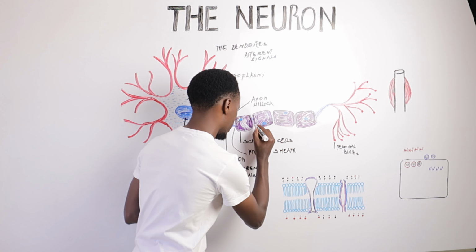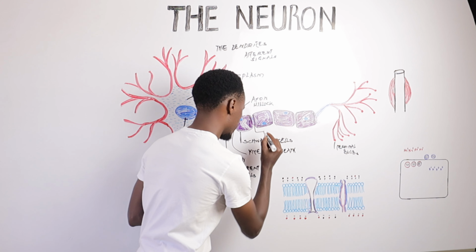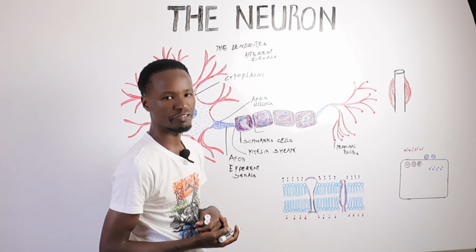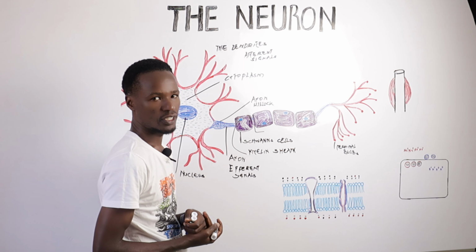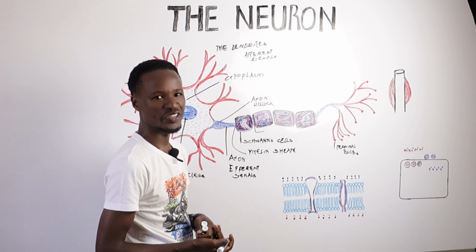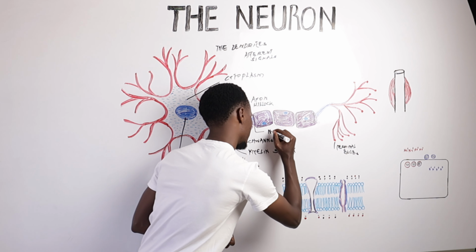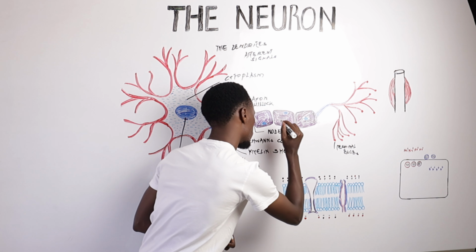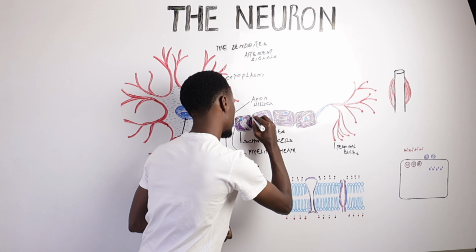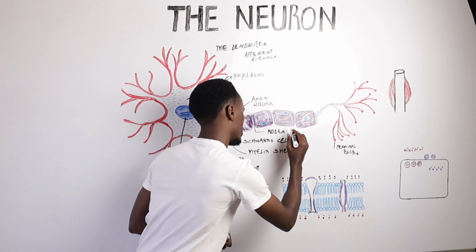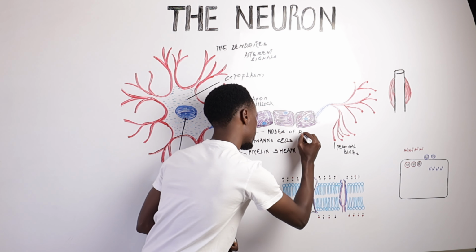This structure here, in this gap, is called the node of Ranvier. They are called nodes because there are many. This one and this one, nodes of Ranvier.